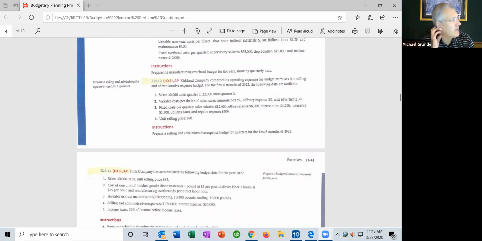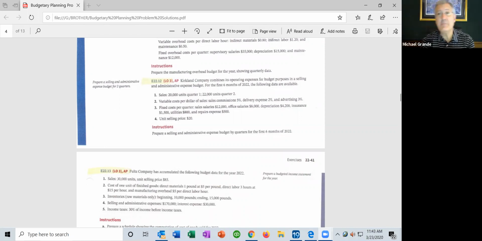Now, read the instructions. It says, prepare a selling and administrative expense budget by quarter for the first 6 months of 2022. So we need to look at first quarter, second quarter, and in total. We're preparing a selling and administrative expense budget, total expense.